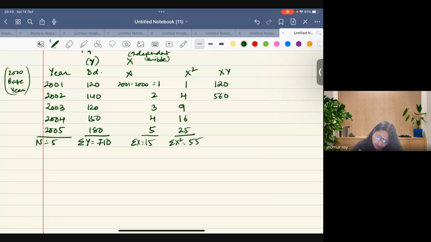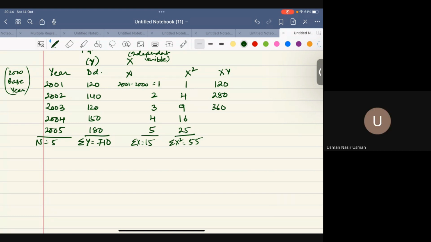No, sorry. XY is 140 into 2. That is 280. Then 120 into 3, that is 360. Then the next value is 150 into 4, 600.